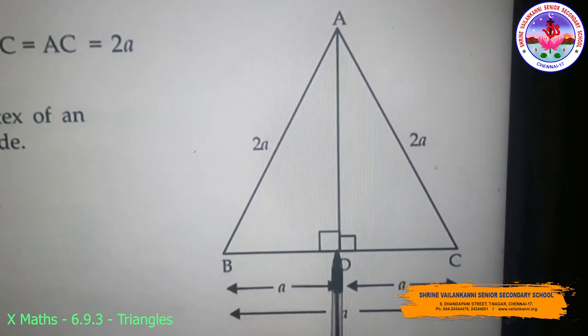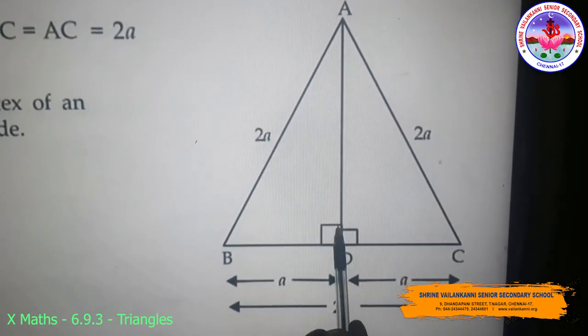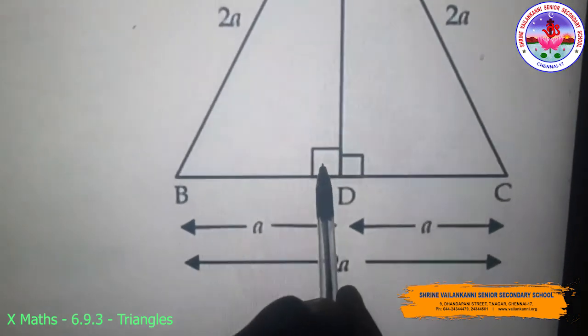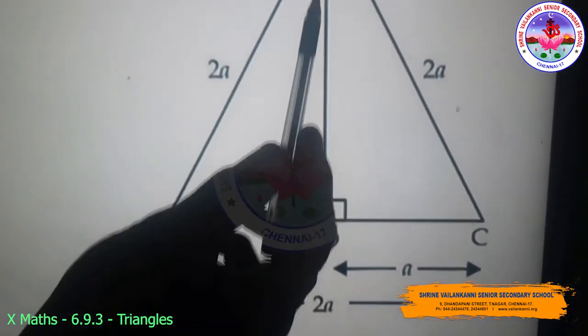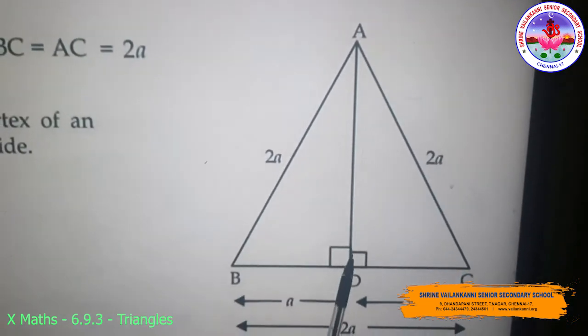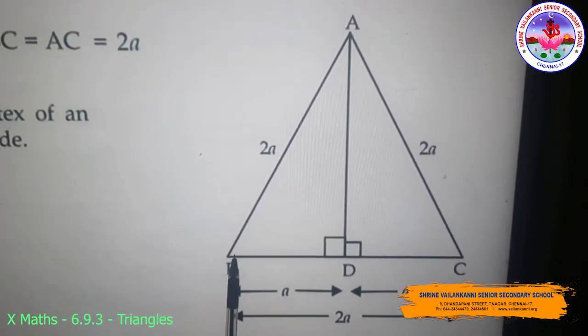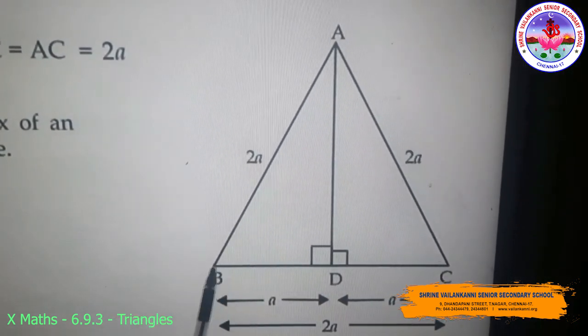So we have BD is equal to a and CD is equal to a, and also this is an altitude, so it subtends an angle 90 degrees. ADB is 90 degrees. So I am going to consider the right angle triangle ADB now, where AB is the hypotenuse.